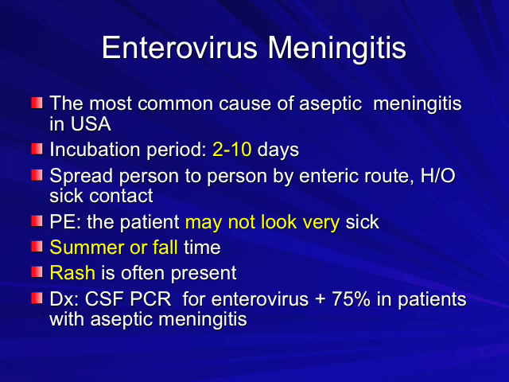So again, the most common cause of aseptic meningitis in the United States, incubation period 2 to 7 days, spread person to person by enteric route, a history of a sick contact, the patient may not look very sick, summer or fall time, rash often present, and the diagnosis is CSF PCR for enterovirus, which can be positive in up to 75% of the patients.